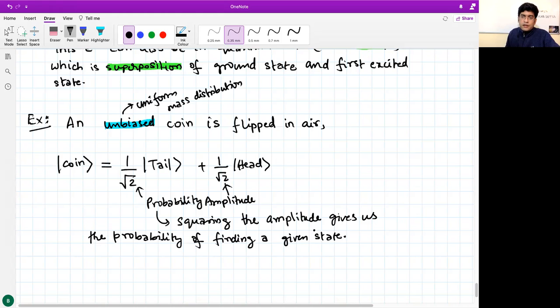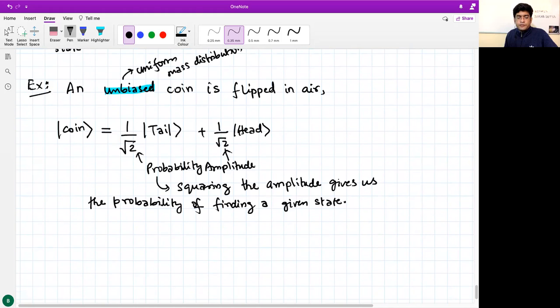Just think of it that there's some number associated with each state. When you square them, now we all know that when we have a coin, there's a 50-50 probability of each of them, head and tail, right? So if you square them, this will give you 1/2, and this will give you 1/2. That is the probability of getting each of the states. Now, when you toss it, when it's in the air, it's a superposition of both head and tail.